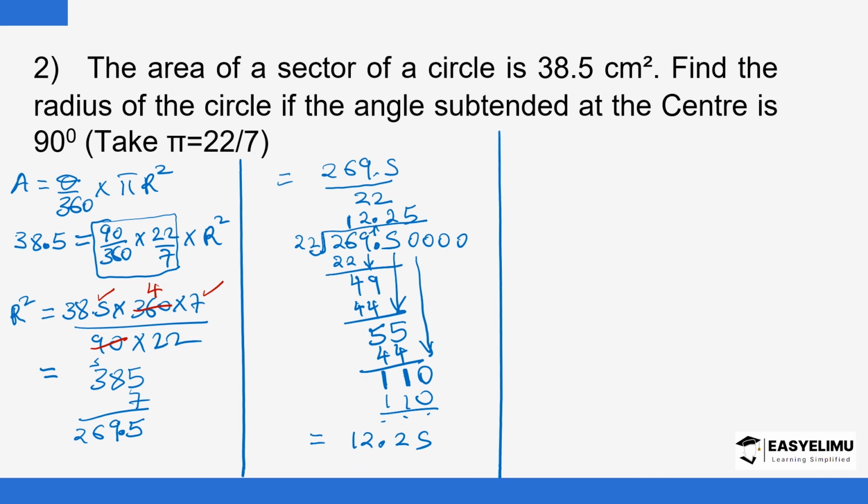So now we want to find the square root, because now we have r squared is equal to 12.25. What about r? So r is going to be the square root of 12.25. If you have r squared here, to get what r is, you simply find the square root.